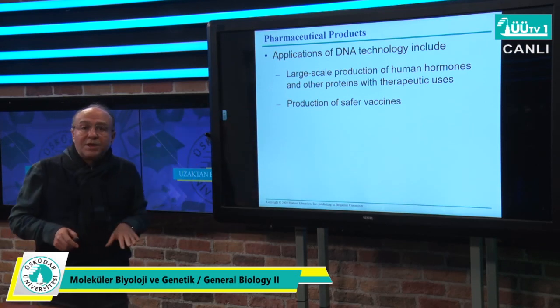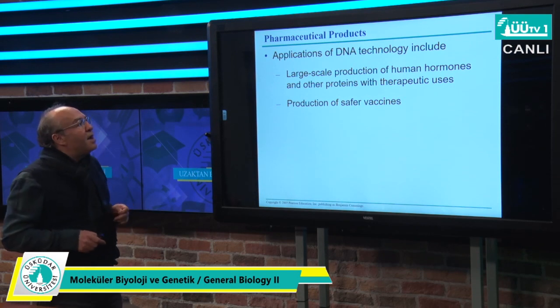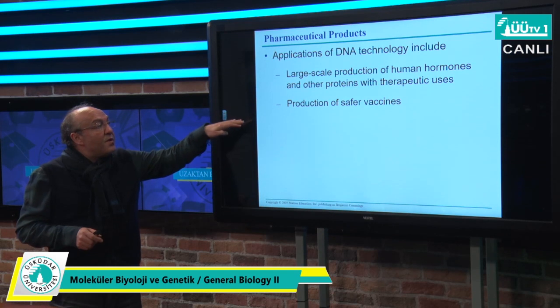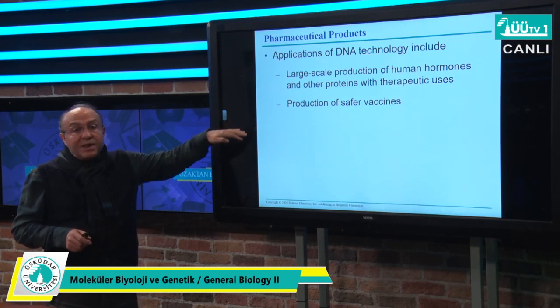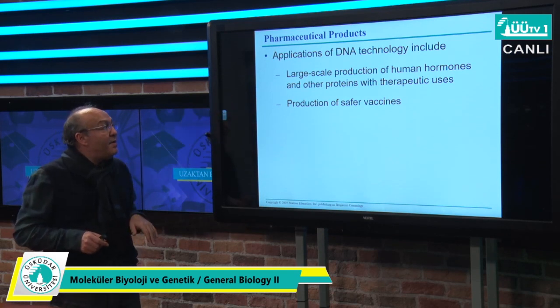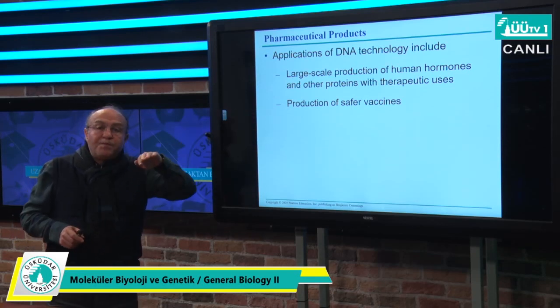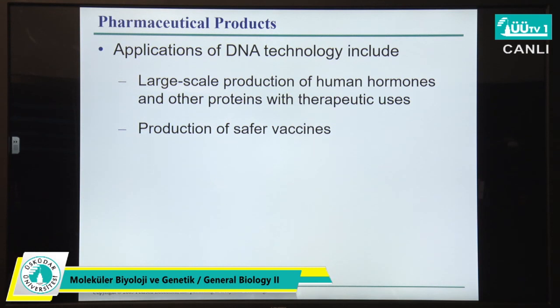DNA technology is used in the pharmaceutical area as well. For example, we are producing vaccines, and sometimes we push some prokaryotic or eukaryotic systems to produce our hormones and our genes as well.